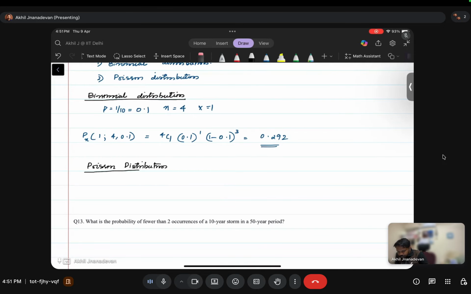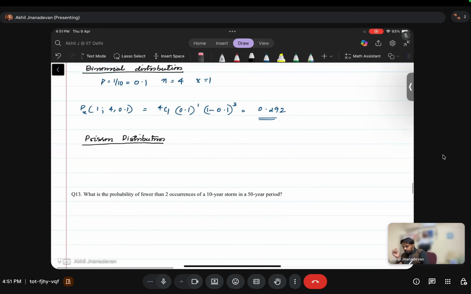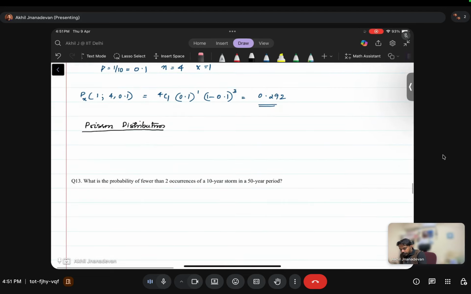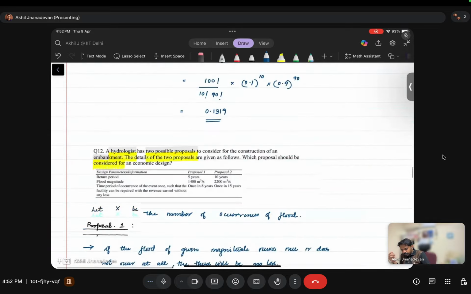So the Poisson distribution has only one parameter. In general, we define it in this way.